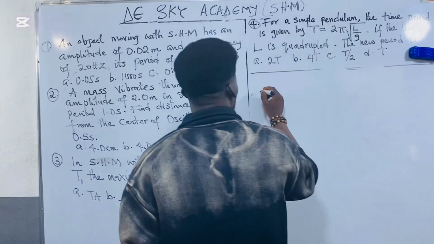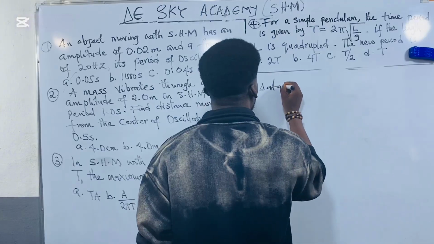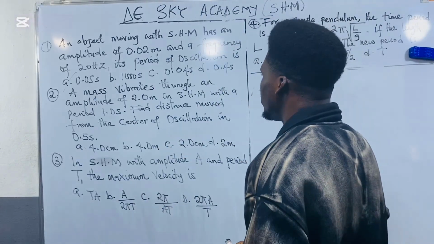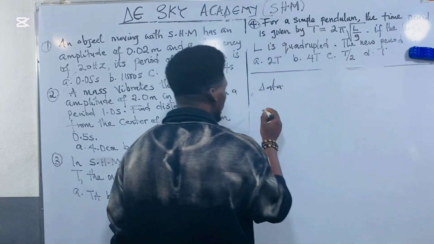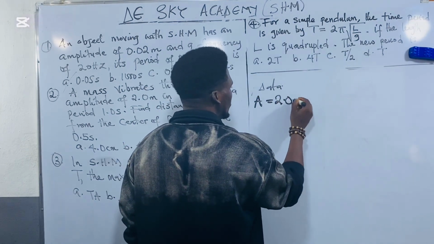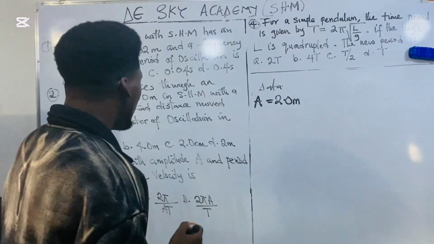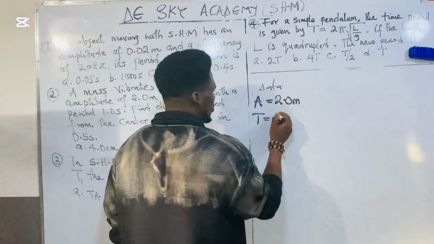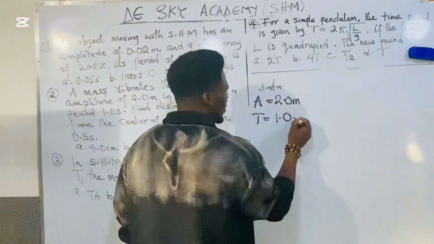So remember what I told you, you bring out your data. That is the first thing. A mass vibrates through an amplitude of, so they gave us amplitude again. What is the amplitude? 2.0 meter. In a simple harmonic motion with a period, so they gave us period. What is the period? 1.0 seconds.